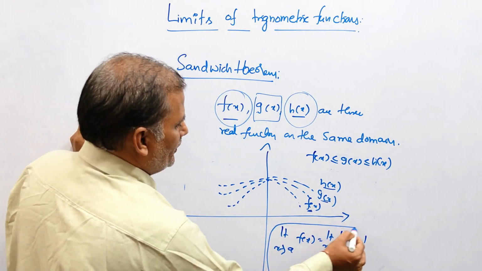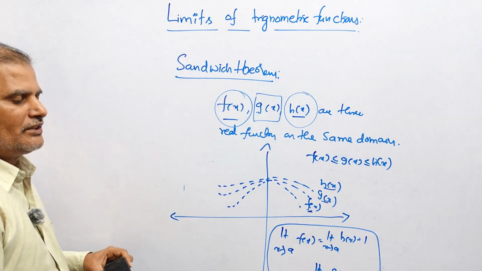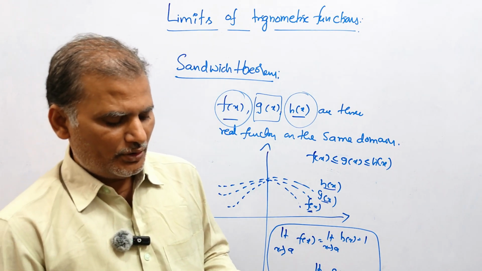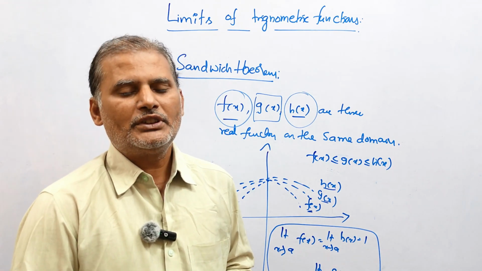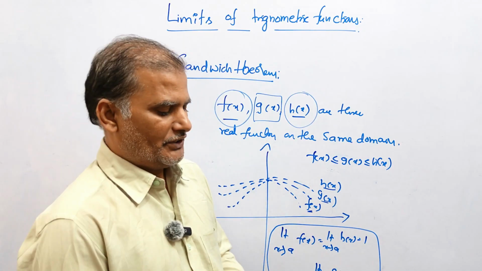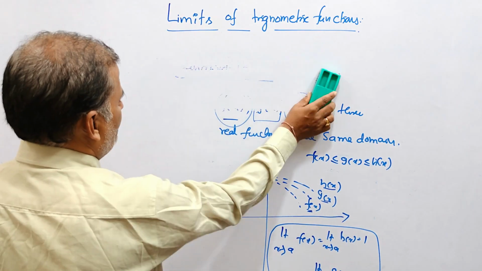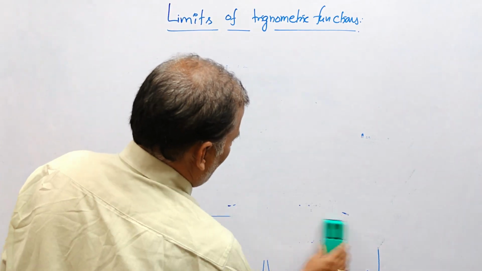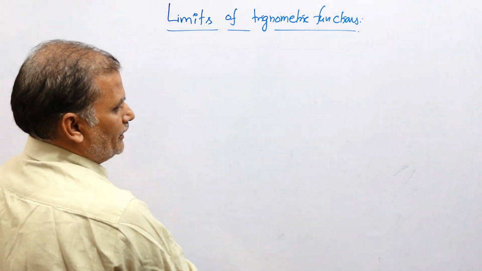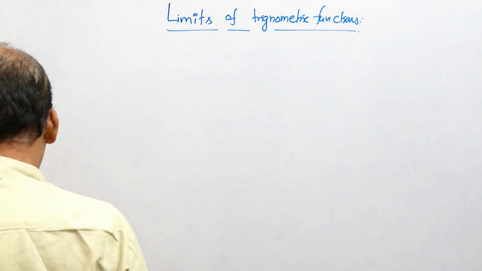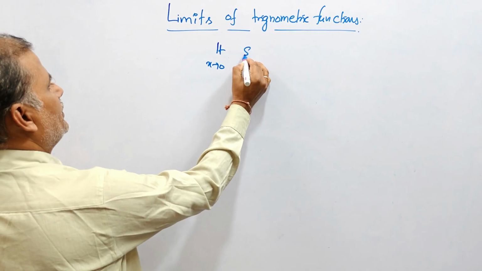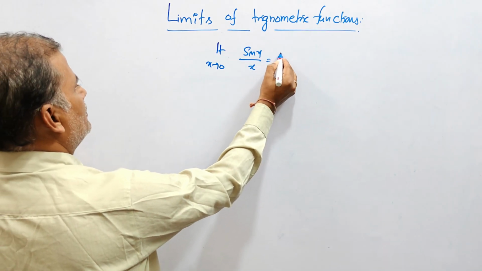By using the sandwich theorem, we can derive a simple notation: limit x tends to 0, sin x by x is equal to 1. If you know the theorem, this formula is useful to derive limits of trigonometric functions in many problems. From the three functions f of x less than or equal to g of x less than or equal to h of x, we know limit x tends to 0, sin x by x is equal to 1.